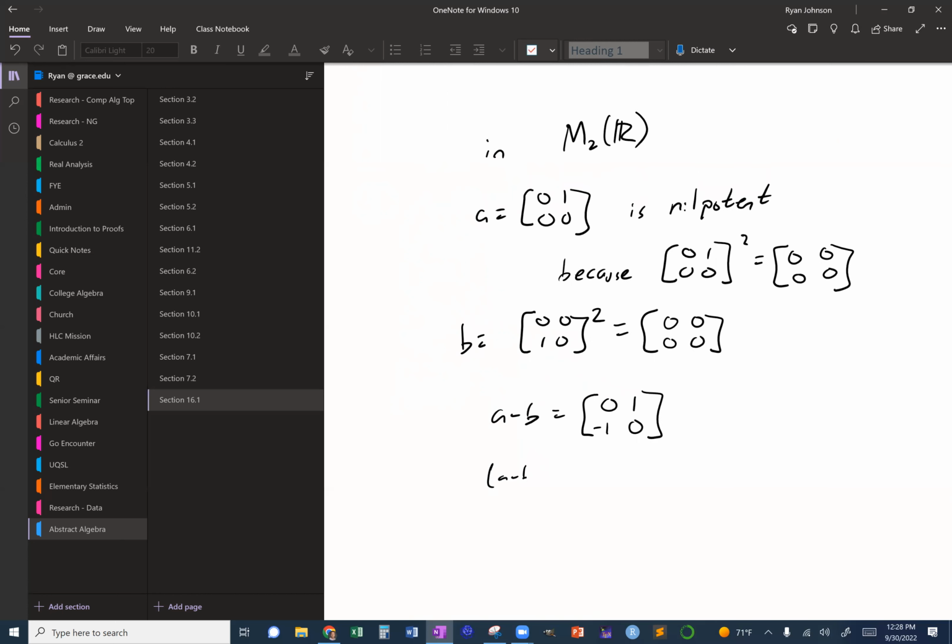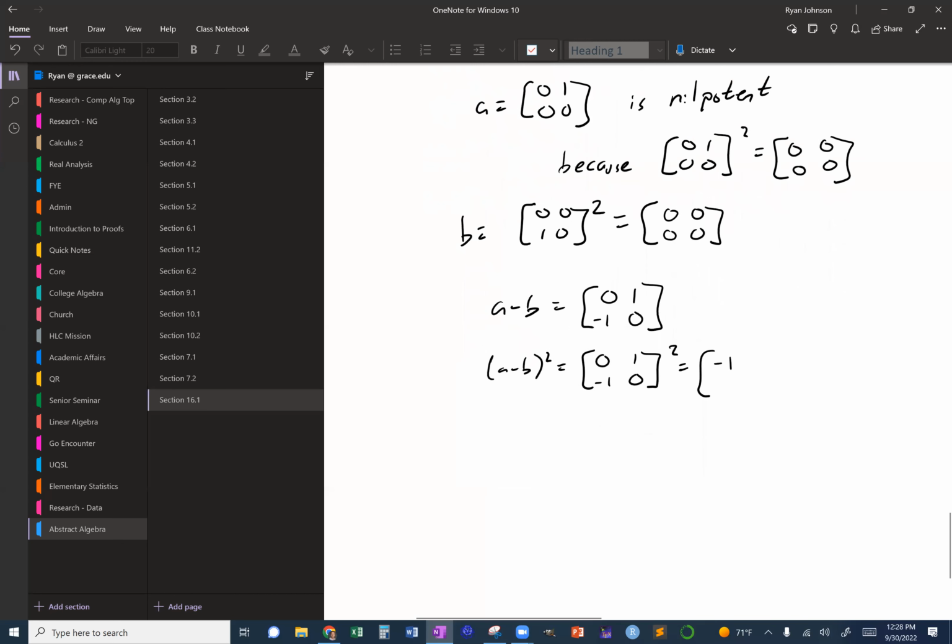A minus B squared equals [[0,1],[-1,0]] squared, row column is negative 1.